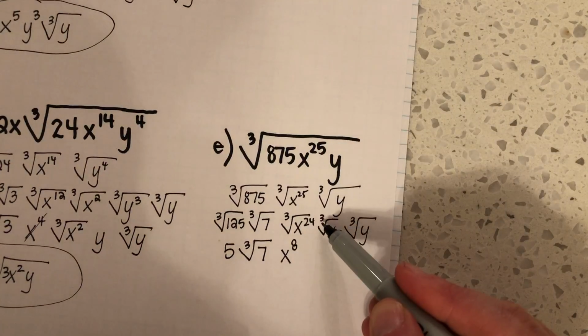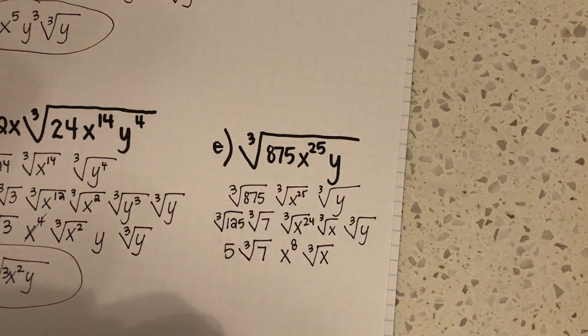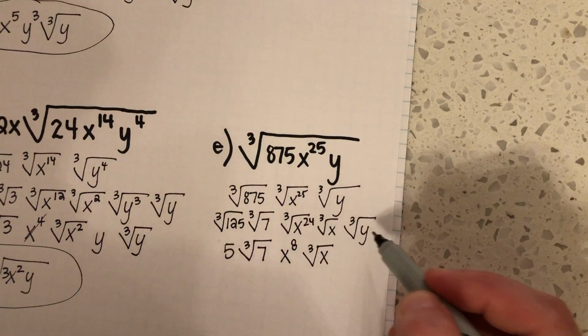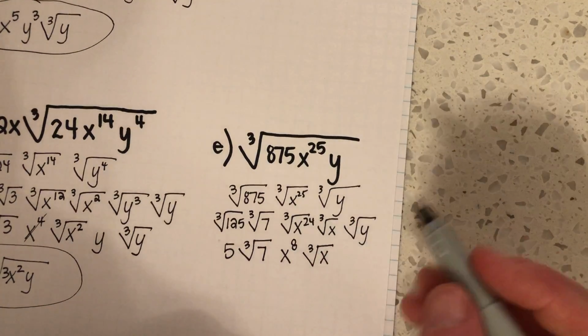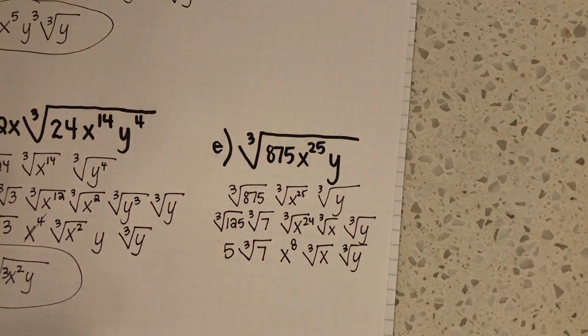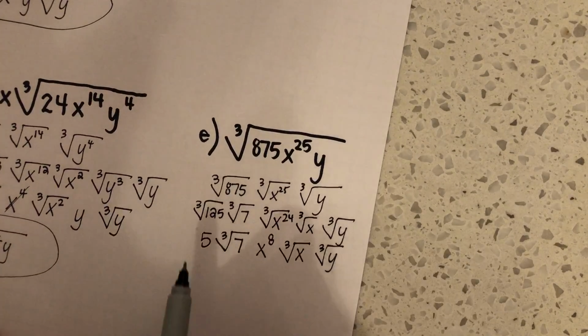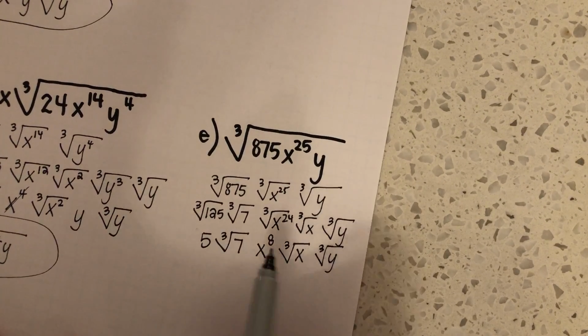All right, 1 does not divide by 3. He is your leftover. He is stuck under that radical. And we saw that the third root of y could not be broken up or split or changed because he is already reduced and is stuck under that radical, and he stays the third root of y. All right, let's multiply the outside. That gets me a 5 times x to the 8th.